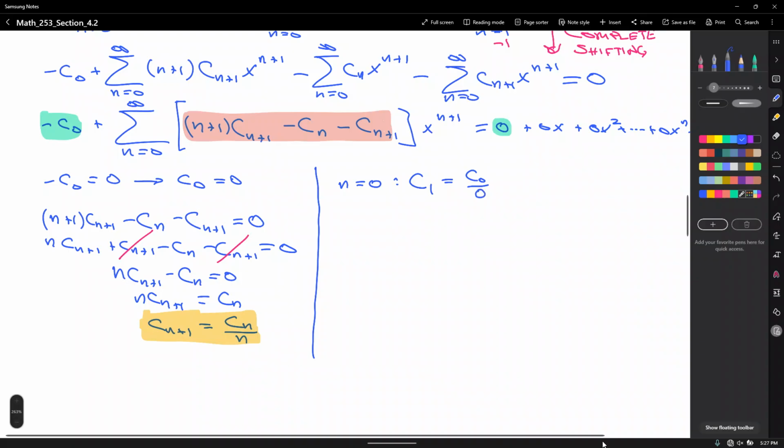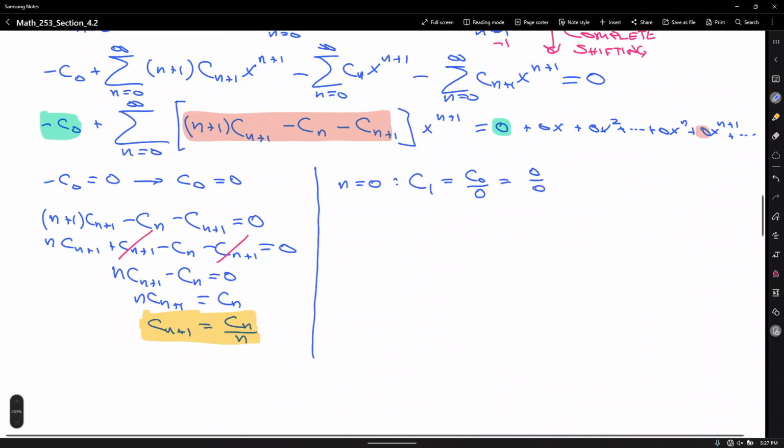We have a little problem. Can we divide by 0? No. Also, what is c sub 0 from before? Okay, this is good actually. 0 over 0. Why is this good? Where have you seen this 0 over 0 before? What is it? It's an indeterminate form. Yes, it's an indeterminate form.